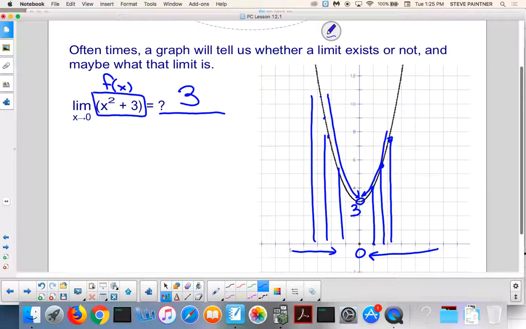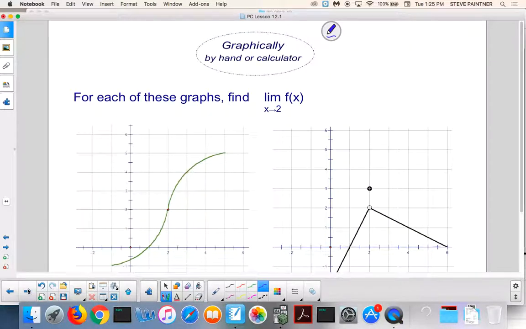Question? No hands. Keep going. Here's another graph. Try to get the limit. Although this, yeah, it says right here.